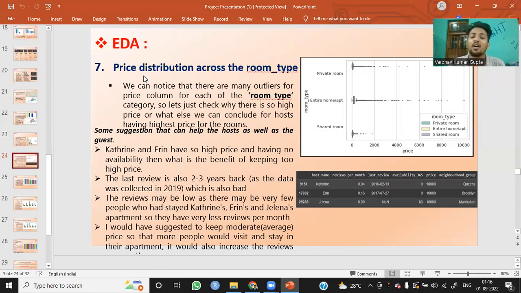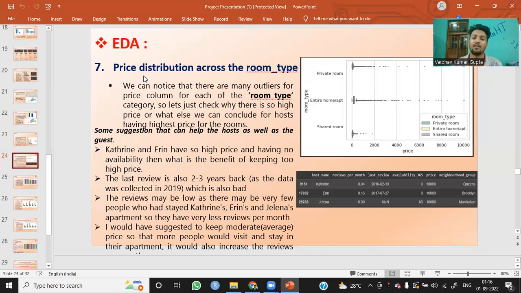When I checked the top three hosts with the highest price, I looked at their host name, reviews per month, last review, availability, and neighborhood group. We can see that reviews per month are not good, the last review was two to three years back, and availability is zero. Assuming this might not be the busiest host, if availability is zero, then what is the benefit of keeping such a high price?